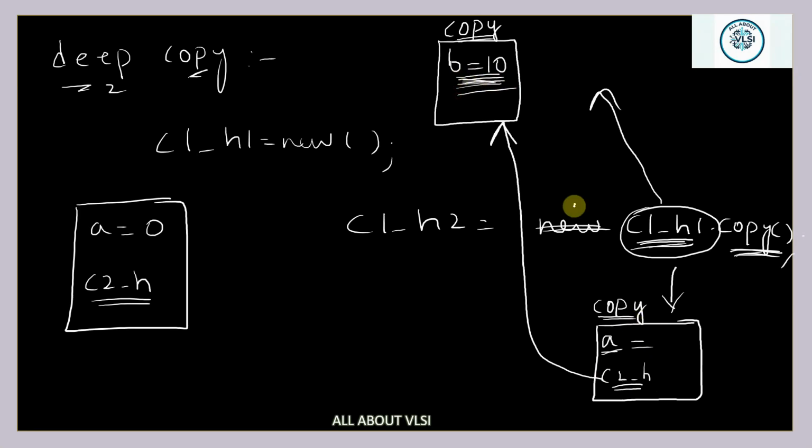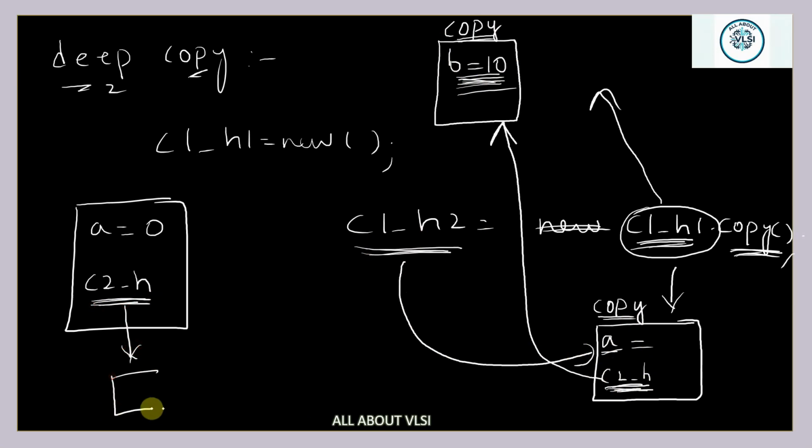And this whole object is now given to our left hand side. So now C1_H2 is pointing towards the object which was given to us, and internally the C2_H is now pointing towards another new object. So this C2_H is pointing to one object, and the other C2_H is pointing to another object.